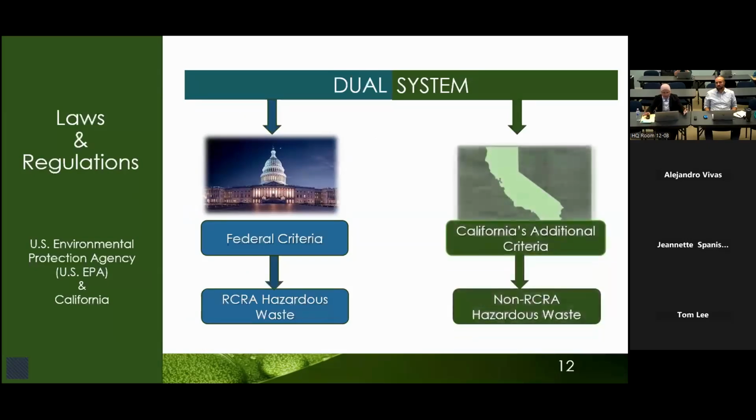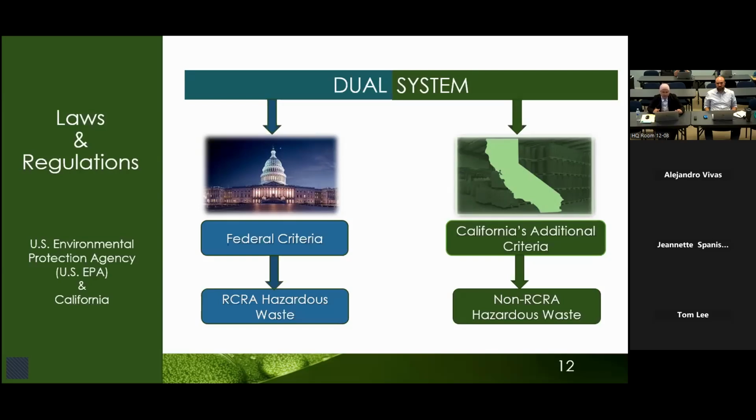California, as an authorized state, has its own criteria to identify certain types of waste, known as non-RCRA hazardous waste. So the non-RCRA hazardous wastes are California-specific additional waste types that may not be covered under federal standards, but are recognized under California's regulations.